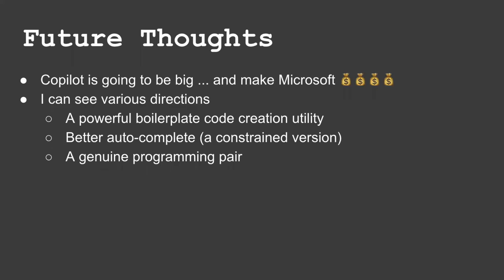Next, I would like to see it move towards also being a better autocomplete. So at the moment, from my experience, if it suggests anything more than a few lines of code, as I've mentioned, there's a significant cognitive load in determining whether it's correct or not.